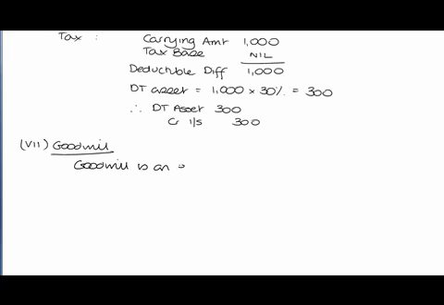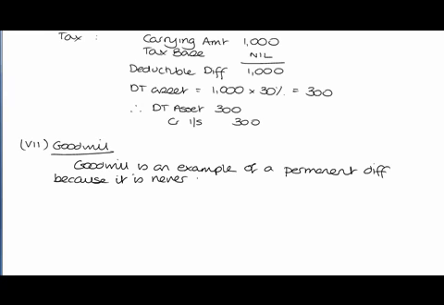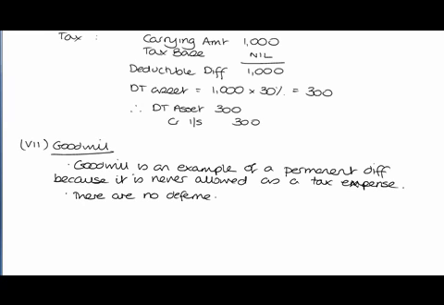Goodwill is an example of a permanent difference because it is never allowed as a tax expense. There are no deferred tax consequences.